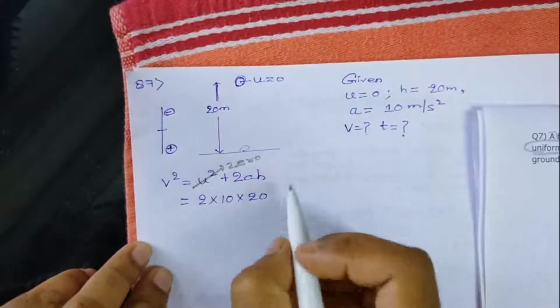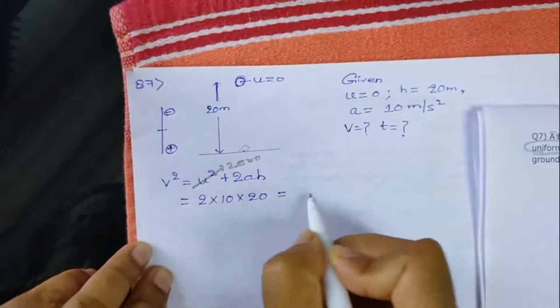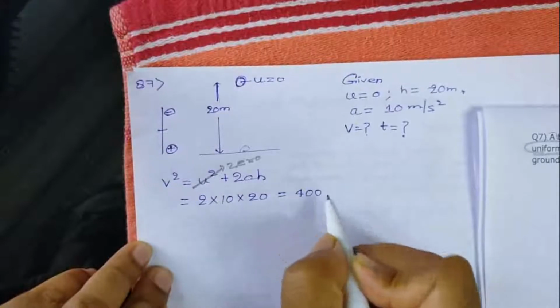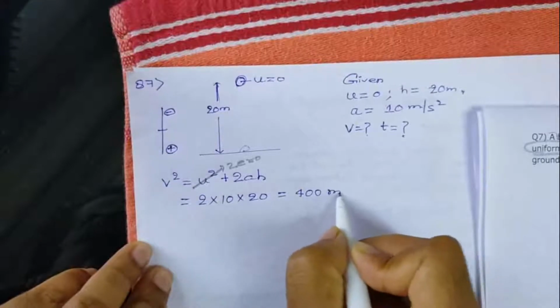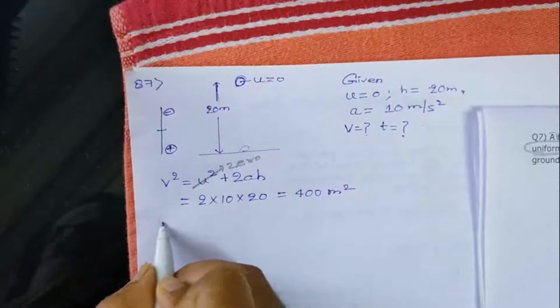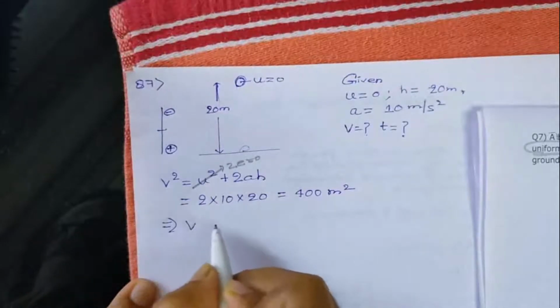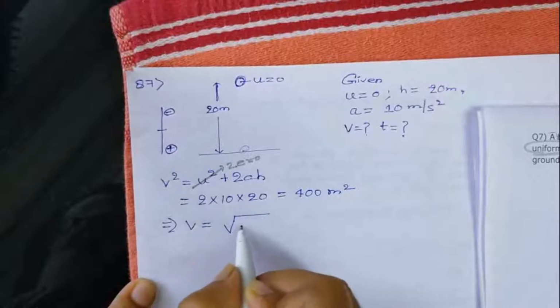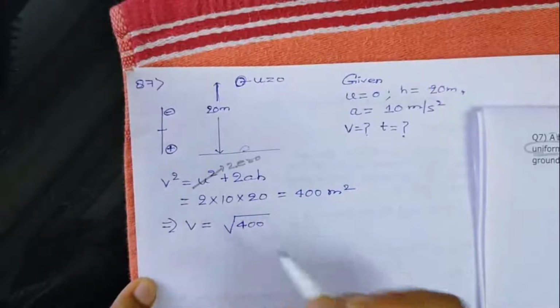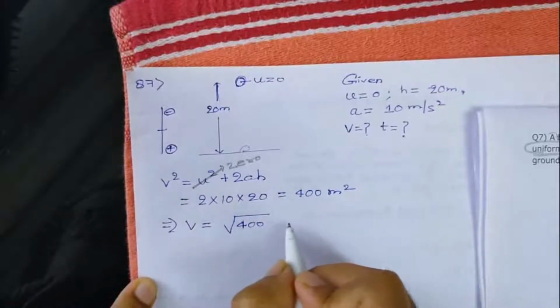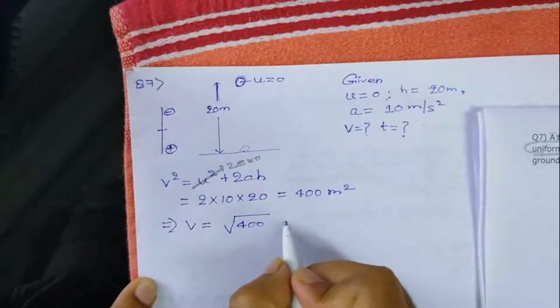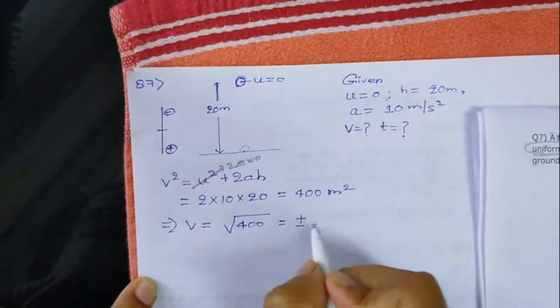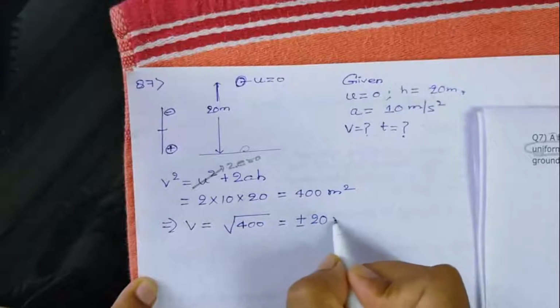It will come out to be how much, guys? 400. It is v square. Now we have to find out velocity. What is the velocity? It will be root of 400. So it gives us two values. Just note here, it gives us two values, plus minus 20 meter per second.